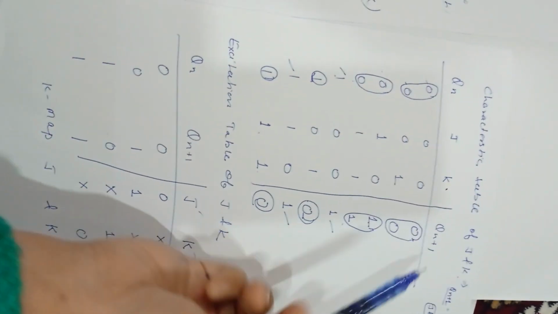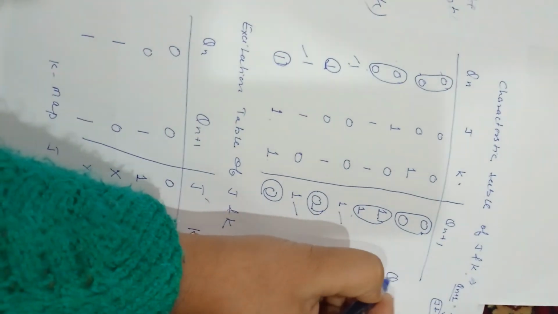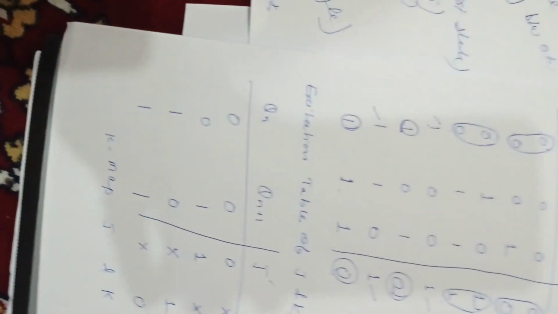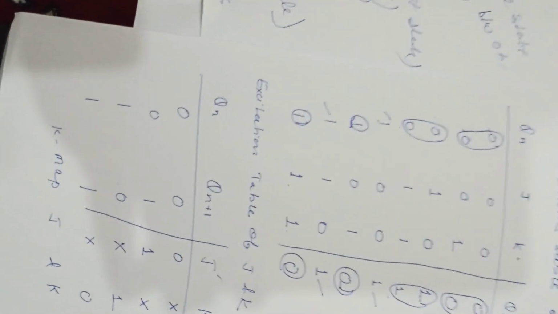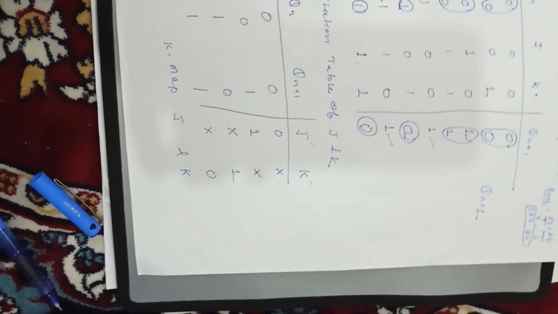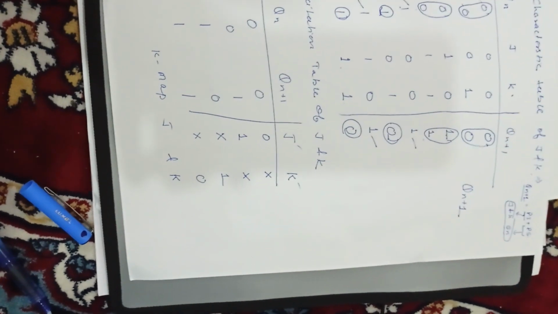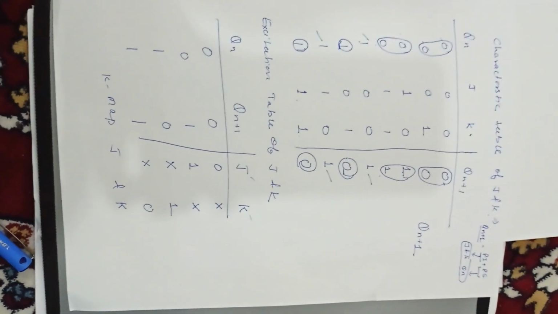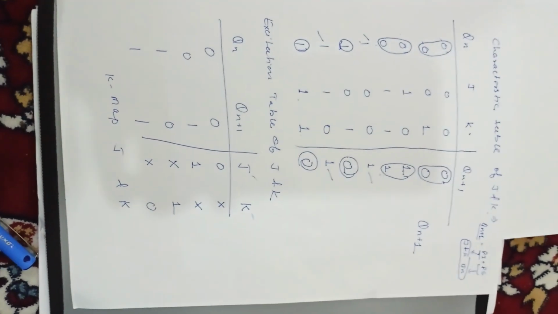Next, by using your k map, just obtain this qn plus 1. There are 3 variables, so the possibility is an 8 cell k map. So this will be homework for you. Just obtain this j and k from the excitation table by using k map, and from the characteristic table just obtain this qn plus 1 by using your k map.